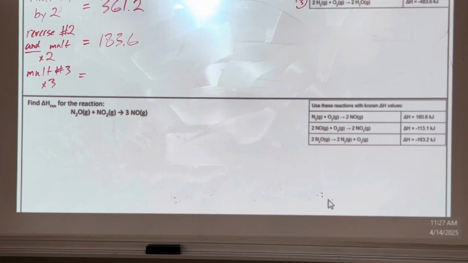Negative, no, I'm looking at the wrong value, sorry. Yeah, negative. There's a typo. Times 3. Yeah, definitely a typo. I'm getting negative 1450.8. That's why I do this math too and not just look at the notes. Negative 1450.8.